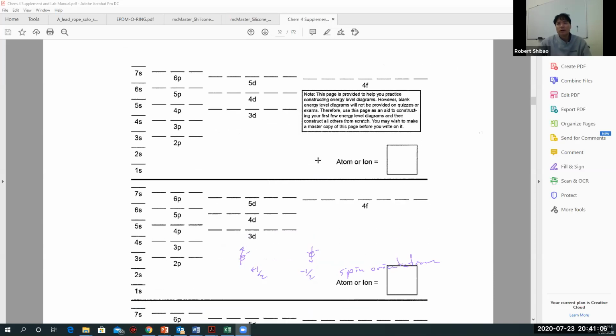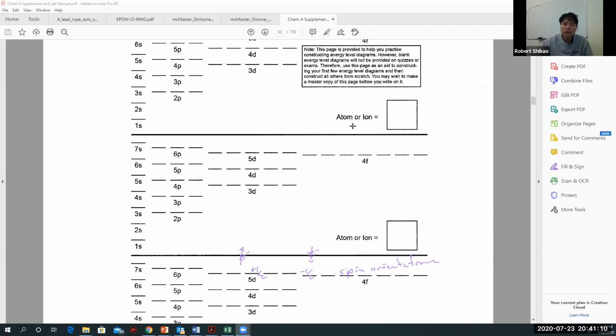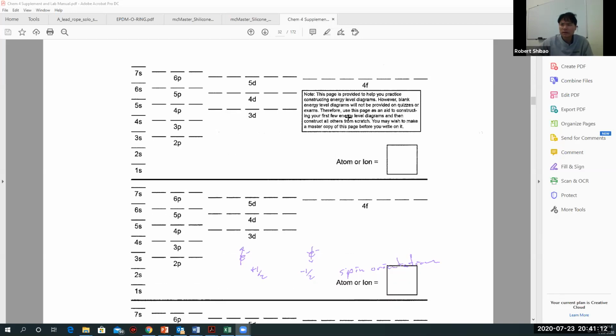And then we practice filling these, so we're going to get some practice filling these here. Let's do some right now. For example, hydrogen. Hydrogen has 1 electron, and that 1 electron is going to be in a 1s orbital in the ground state.